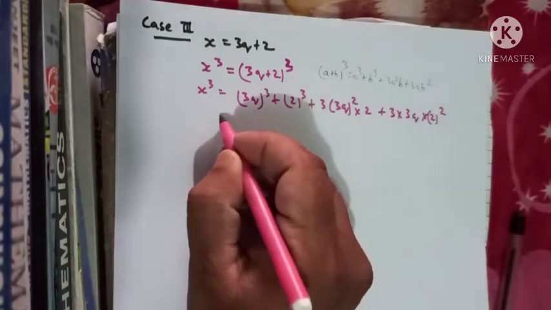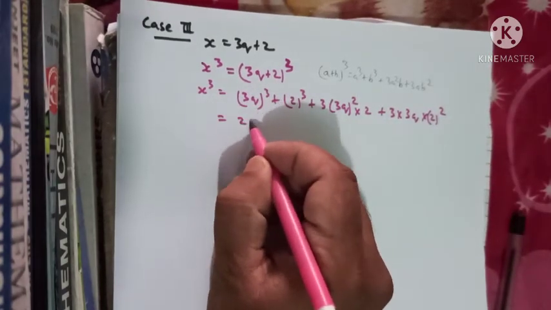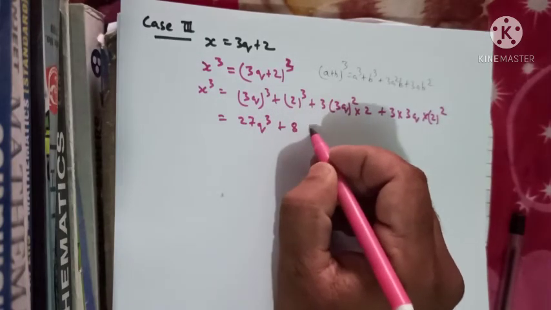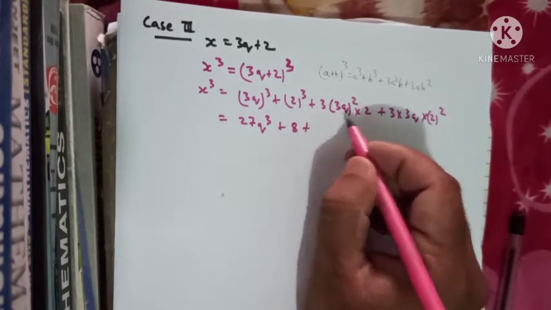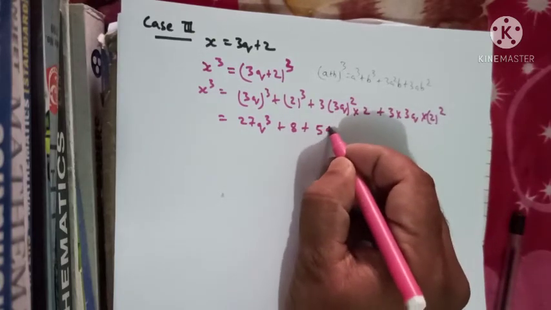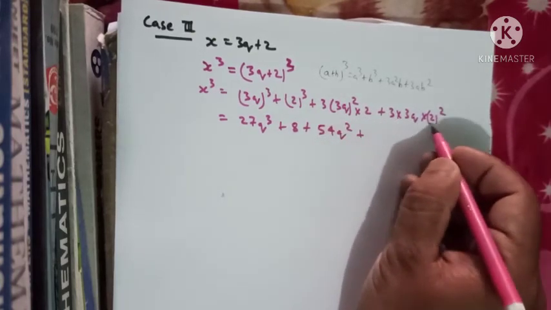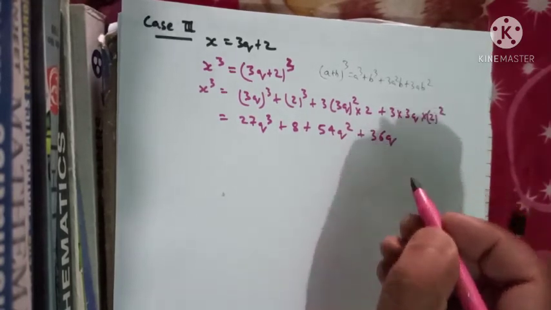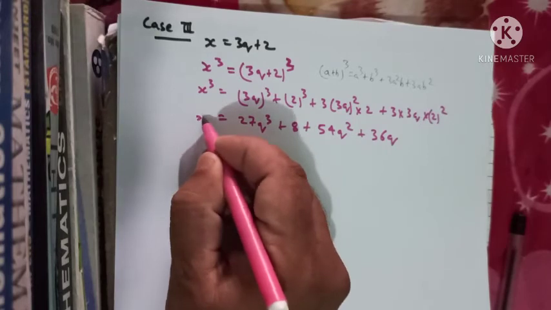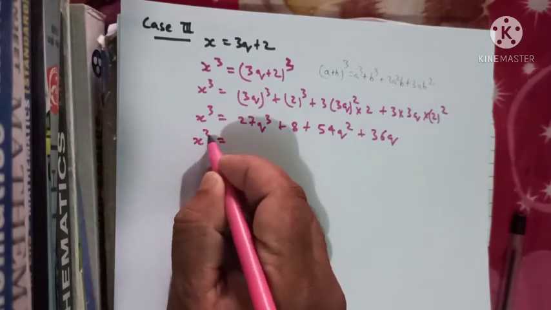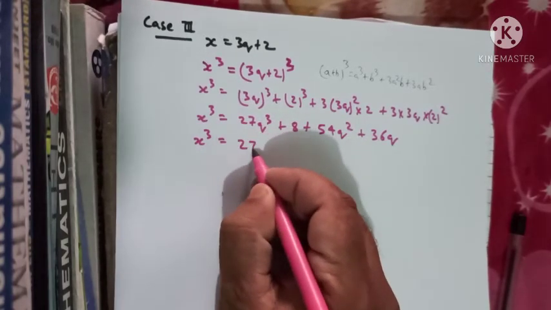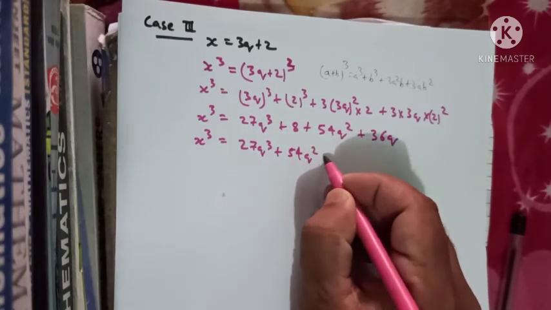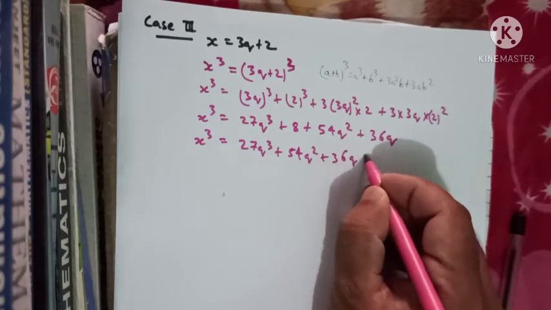So it will be 27q cube plus 8, plus 3 times 9 times 2, which is 54q square, plus 3 times 3 times 4, which is 36q. Now writing in decreasing order of degrees: 27q cube plus 54q square plus 36q plus 8.